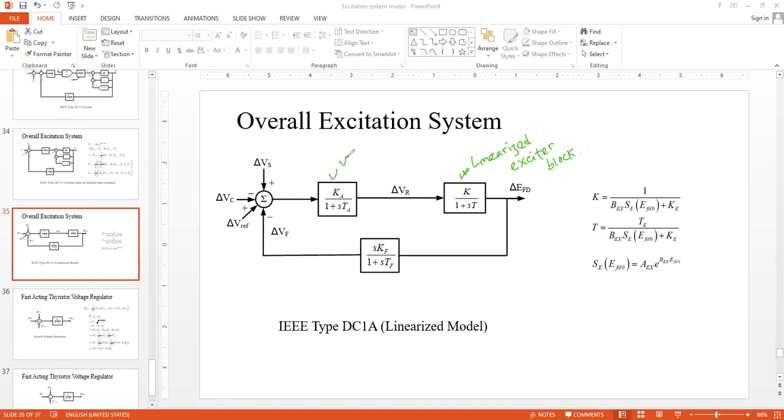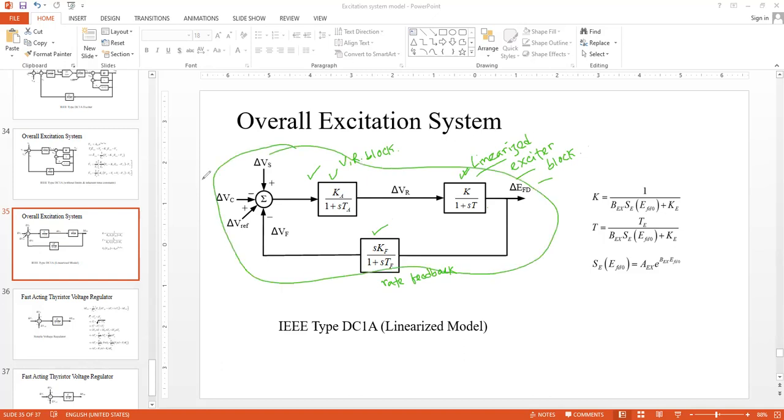This is the voltage regulator block. This is the rate feedback block. This is linear, this is linear, this was non-linear, now it has become linear. So the overall block is now linear. So we can call this the DC1A exciter block in the linearized version.